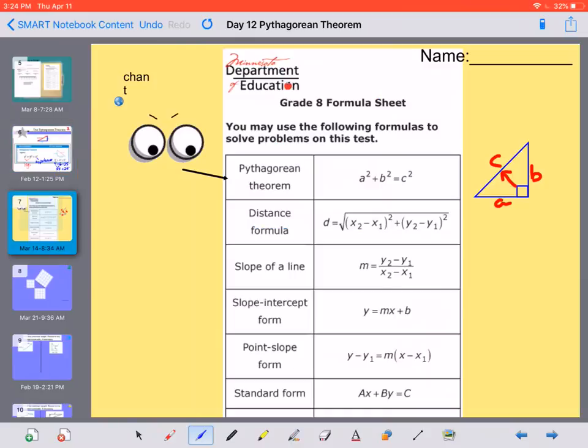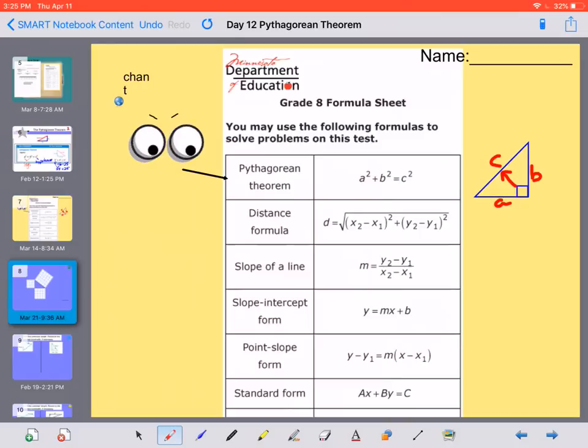So if you take a look at your formula sheet, we're looking at the Pythagorean theorem, the top one. I want you to add this triangle next to the Pythagorean theorem there. So it's a right triangle, A, B, and C. Make sure your A and B's are your legs, the hypotenuse is your C. Now if you need another visual here, we have all these squares.